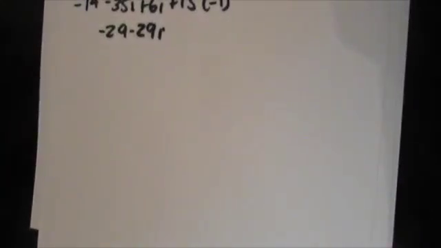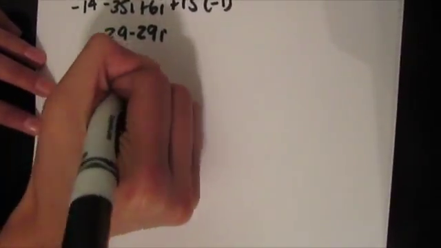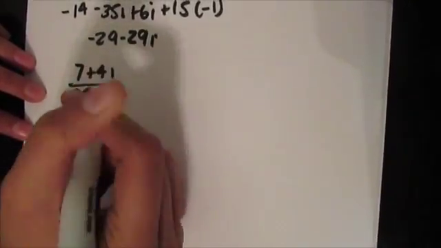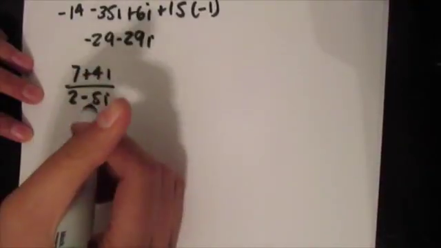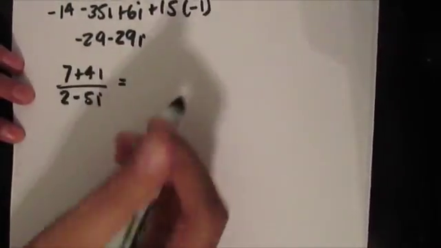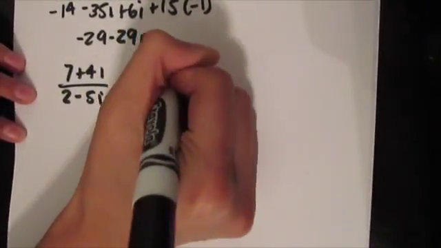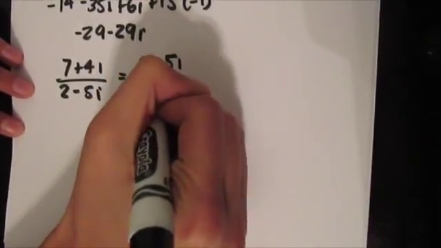Next we will be going into dividing complex numbers. So if we have 7 plus 4i over 2 minus 5i, what we will be using is the conjugate. What is the conjugate? The conjugate is our denominator with the opposite sign. So we will end up with 2 plus 5i over 2 plus 5i.